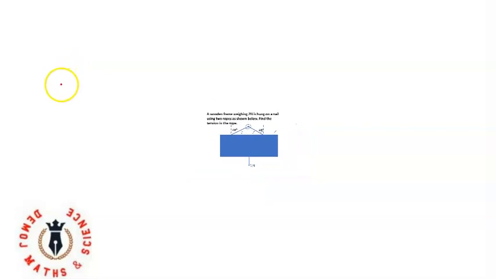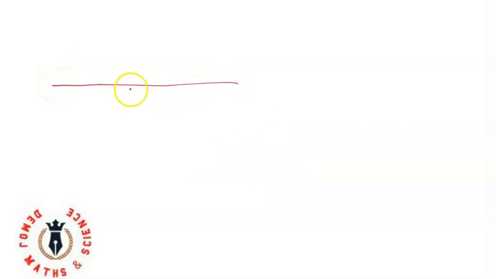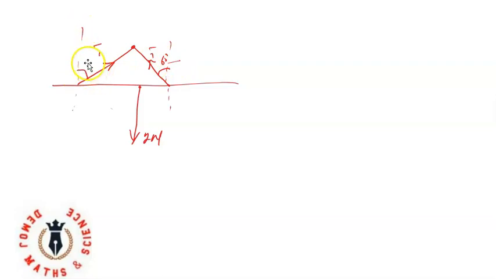This is a wooden frame weighing 2 Newton, and it's hung on a nail by 2 ropes, so that in each rope there is tension T. Uniquely, these ropes are hung at 60 degrees to the vertical, and this one also is 60 degrees to the vertical.